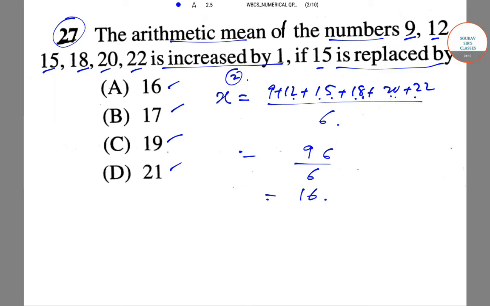Now if we replace 15 by some other number, in that case the arithmetic mean increases by 1.